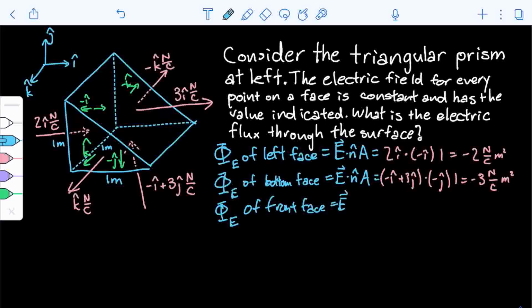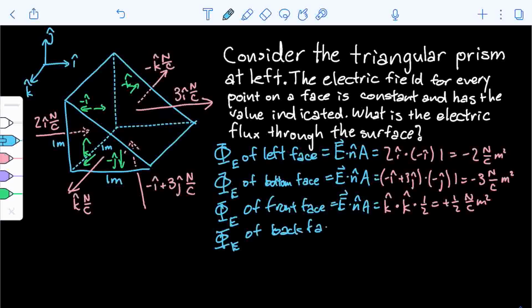So E dot n hat A ends up being k hat dot k hat times the area, which is 1 times 1 times 1/2 because it's a triangle. So this becomes positive 1/2 newtons per coulomb meter squared. And by symmetry, the back face is equal to plus 1/2 newtons per coulomb meter squared as well.